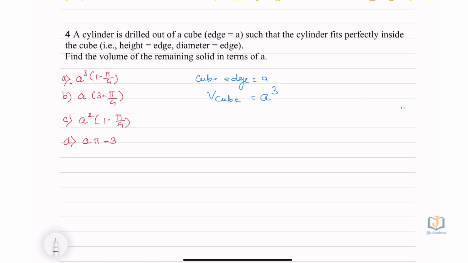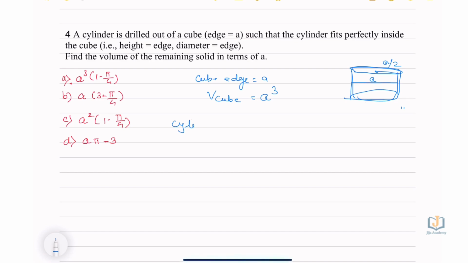And if this is the cube and in that there is the cylinder like that, so this is the radius, this is A, so the radius is A by 2.